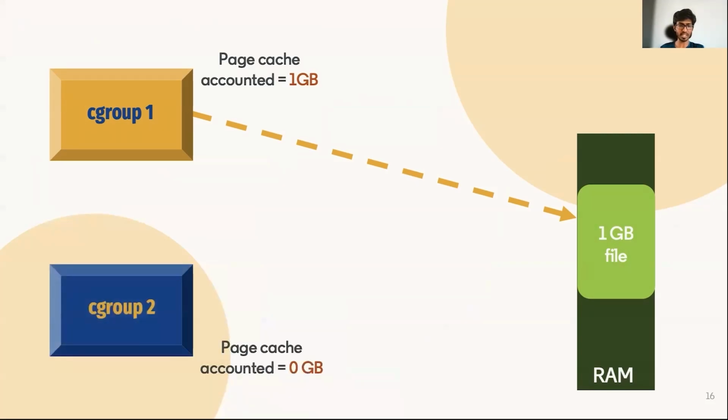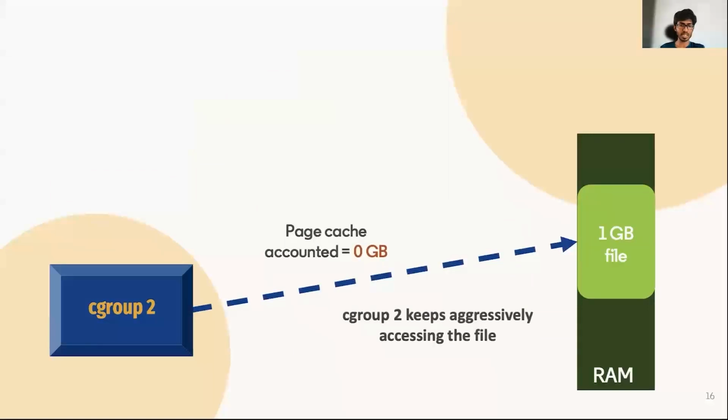Now a new C group is created, and it has an application running inside it, and it also accesses the entire 1 GB file. But the page cache accounted to it is 0 GB because it essentially doesn't own that file, and it's only accessing it. And the C group 1 is still the one that shows 1 GB of memory.